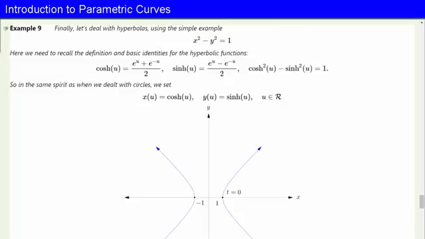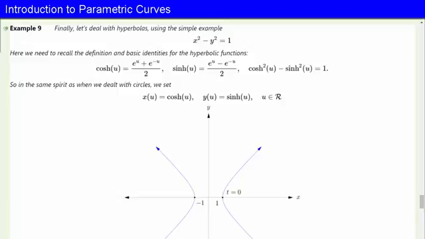Finally, let's deal with hyperbolas. Let's use the simple example x squared minus y squared equals 1. Here we need to recall the definition and basic identities for the hyperbolic functions. The hyperbolic cosine of u is e to the u plus e to the minus u over 2. And the hyperbolic sine of u is the difference, e to the u minus e to the minus u over 2.